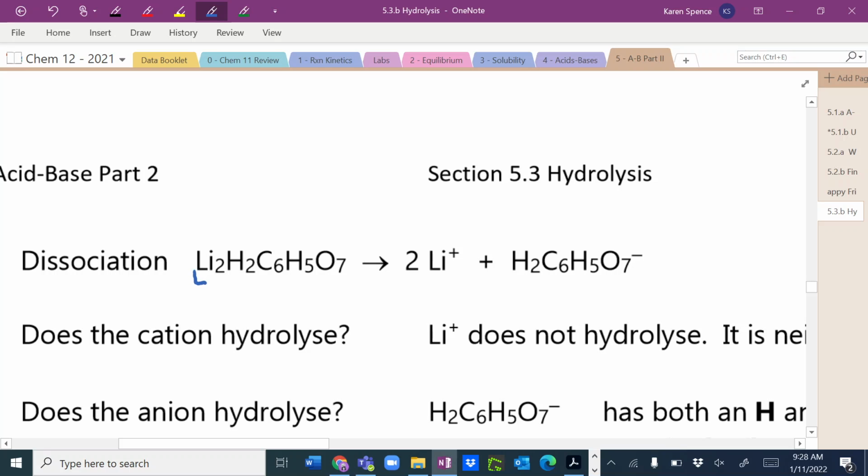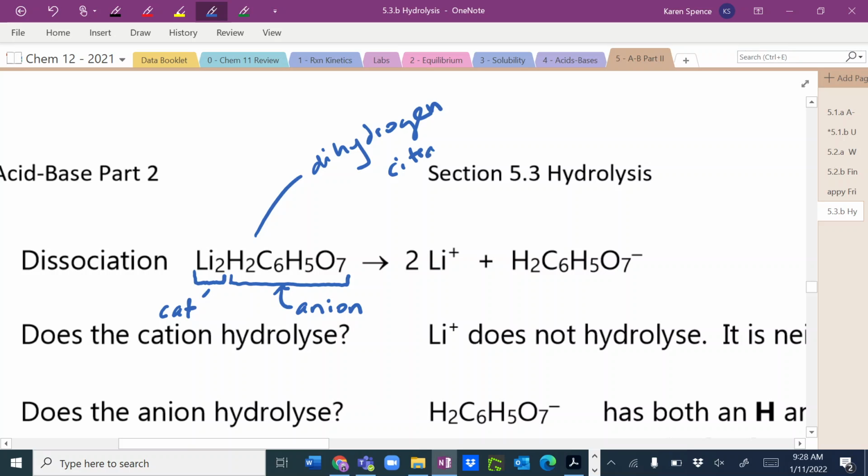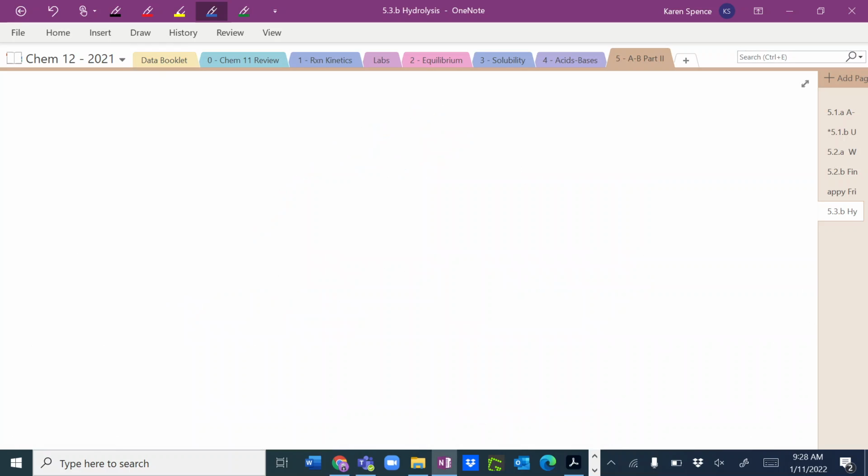Well, if I look at this, here is a metal, and my metal has to be my cation. That means everything else is my anion. And I believe this is actually the dihydrogen citrate ion, I'm guessing. I certainly don't expect you to know that, but you can look up H2C6H5O7 in your data booklet.